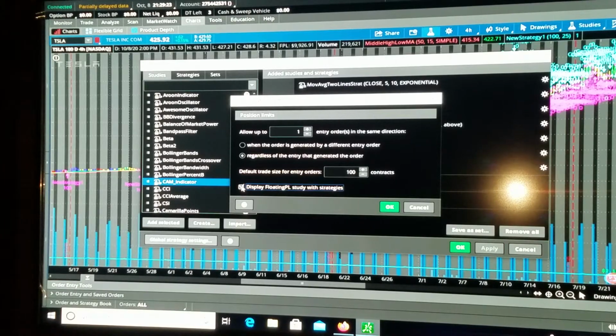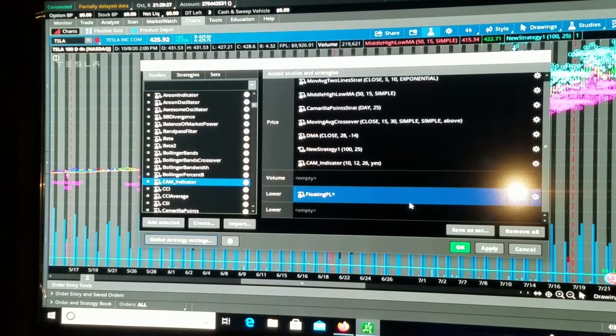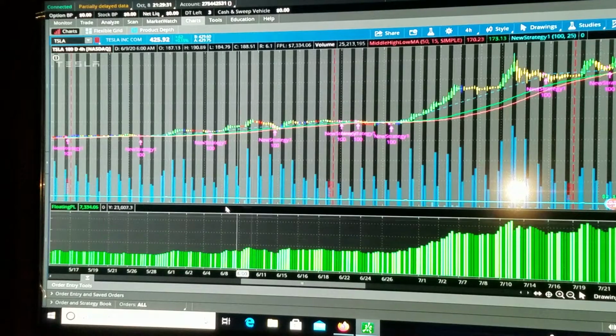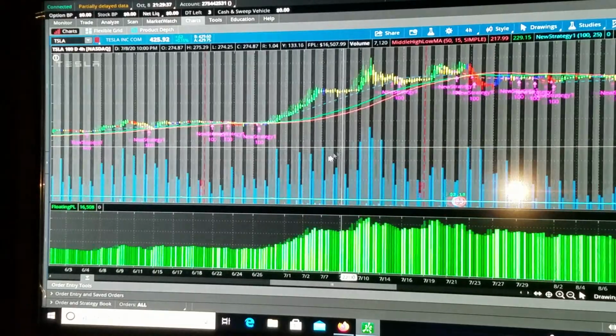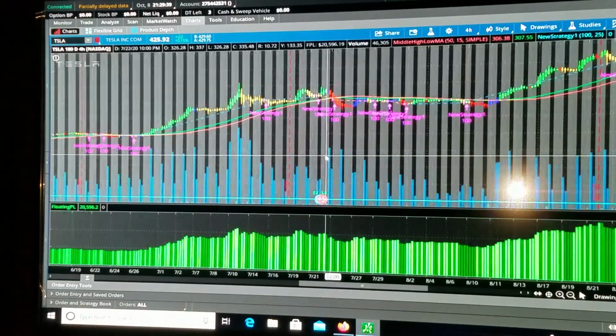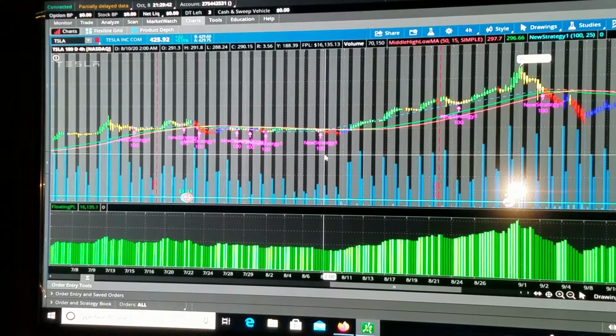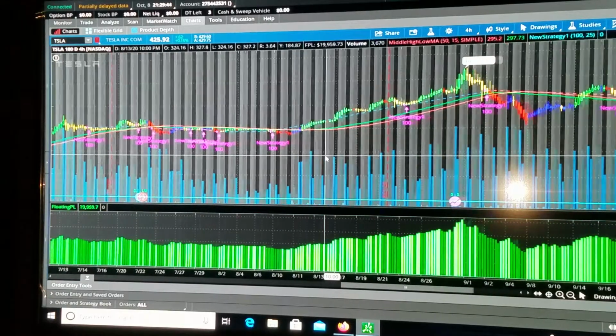Display floating P&L. Okay, so that'll be good. We're going to want that, so we can see whether we've done well with our buying and selling. And as we can see, we have done well. If we were to buy every time it says to buy, we were making money.